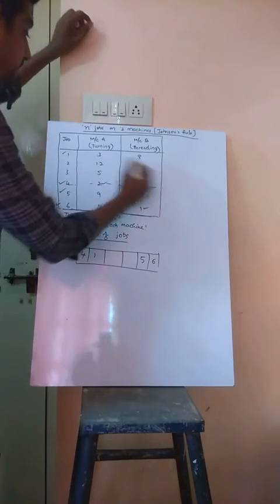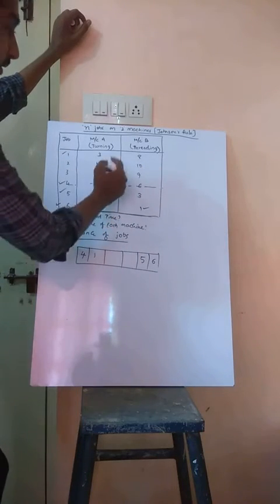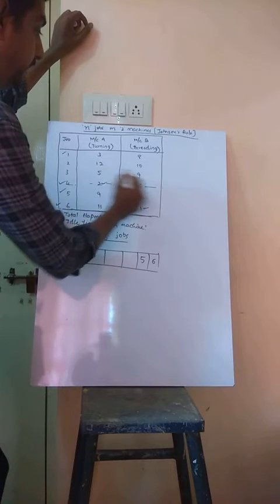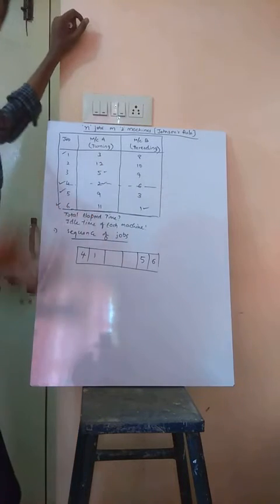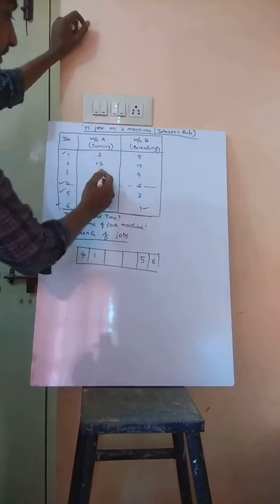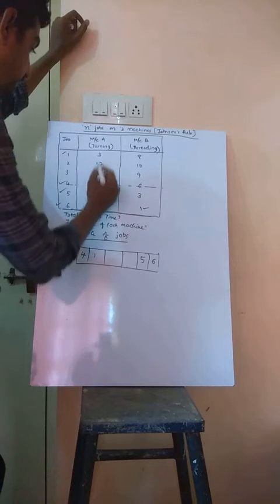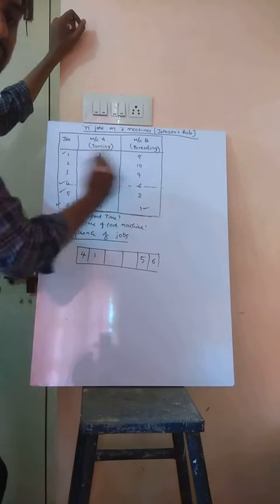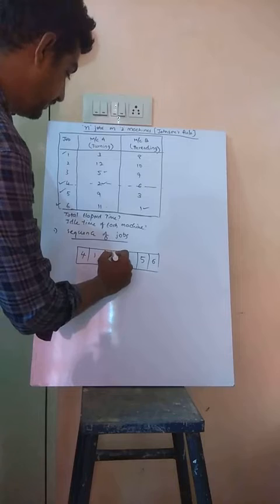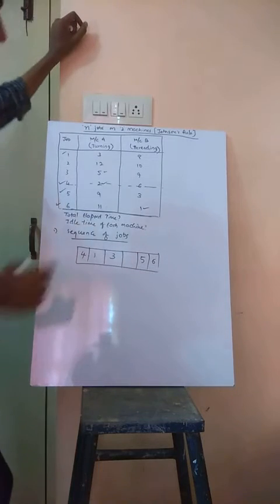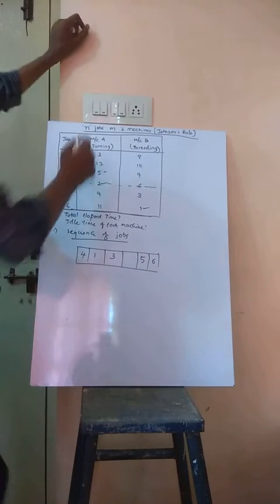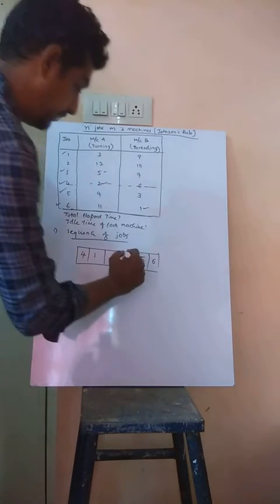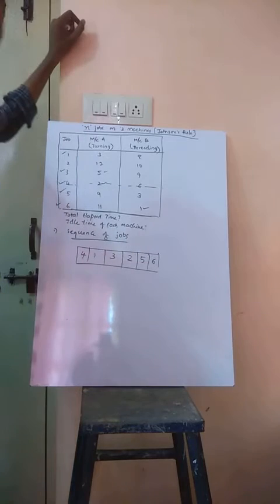Next are jobs 2 and 3. Here, among 12, 10, 5, 9, 5 is the next minimum processing time, and it is at the left side, so it must be placed at the left. That is job 3. This is over, and the remaining one, job 2, must be placed here.